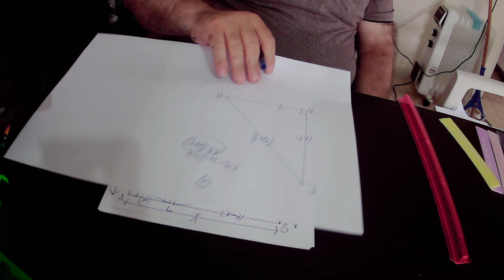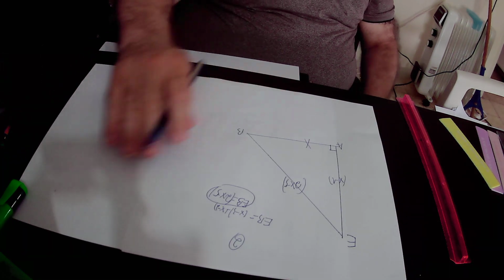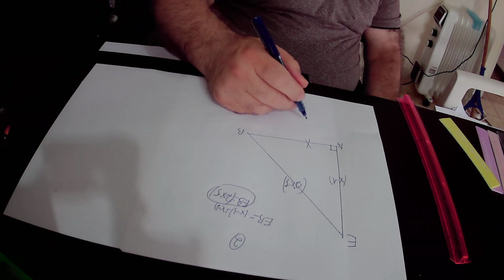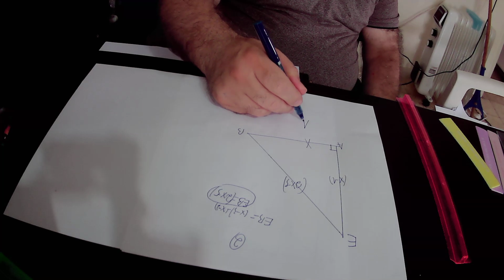So we will implement the Pythagoras theorem in the right triangle, triangle EAB.